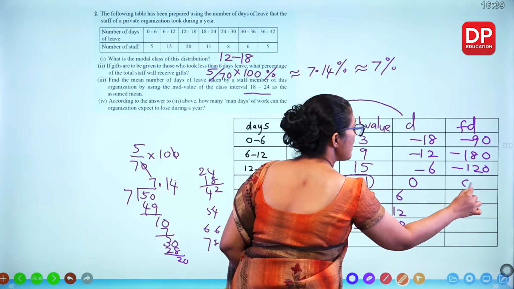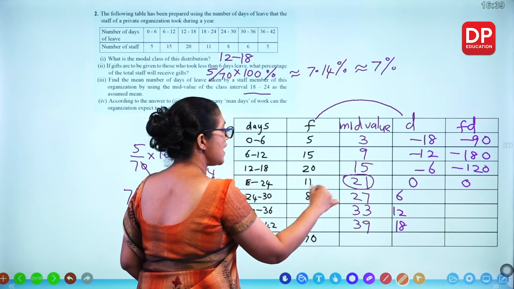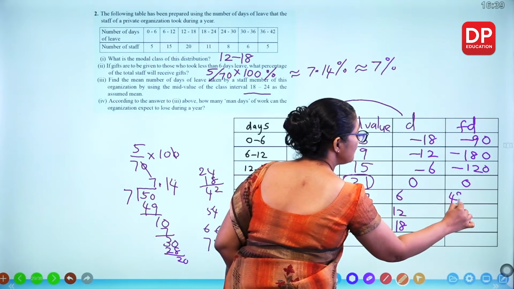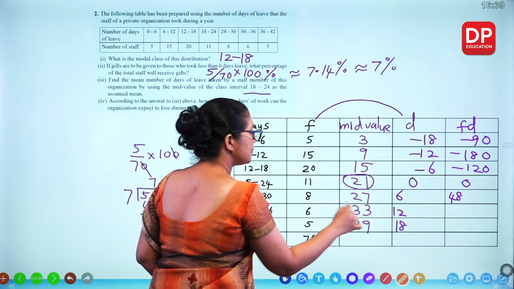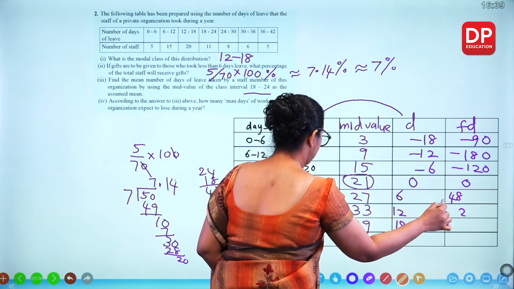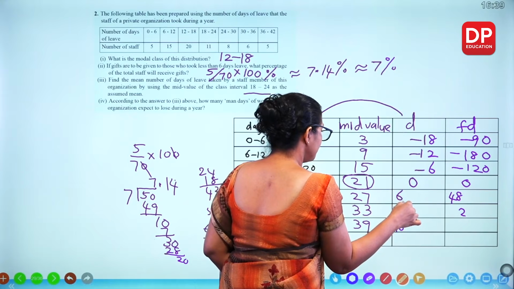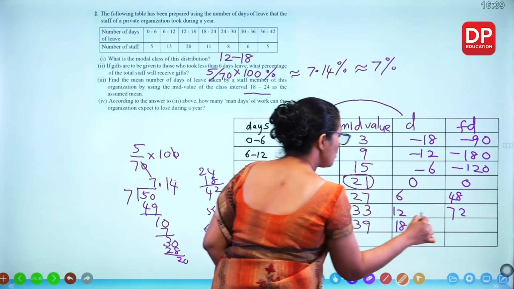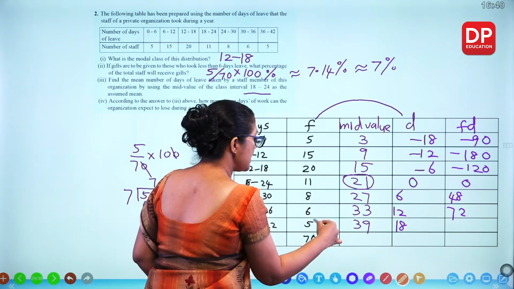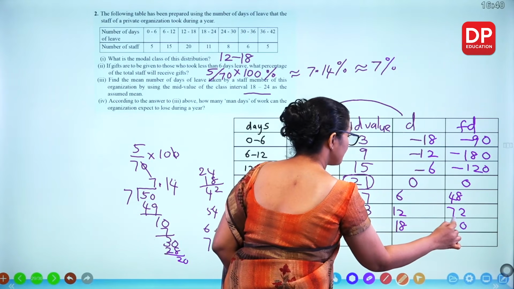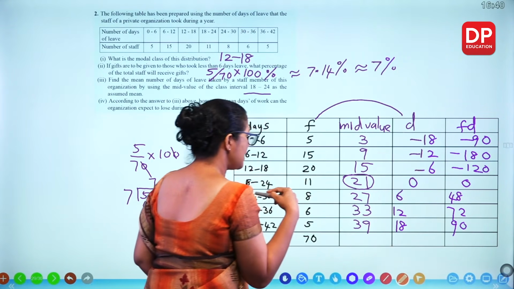You get 0 here. Now the positive values. 8 times 6, 48. 12 times 6, 72. 5 times 18, 90.